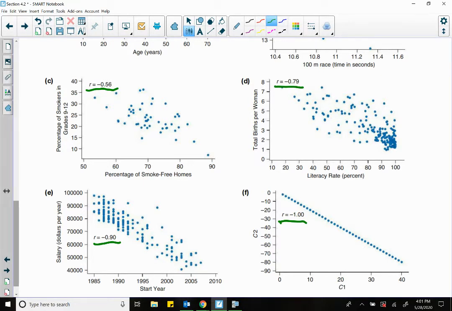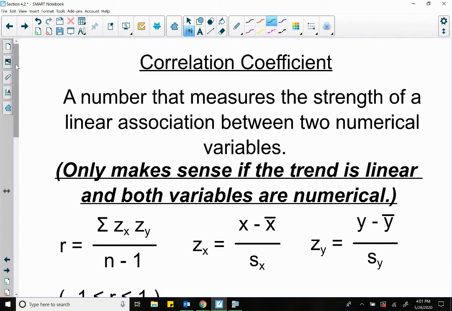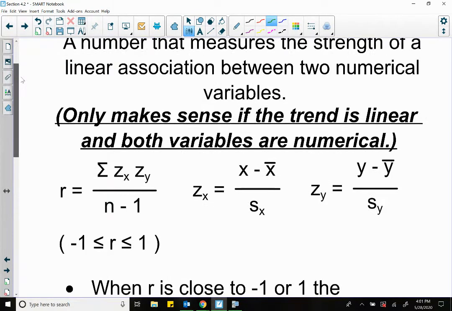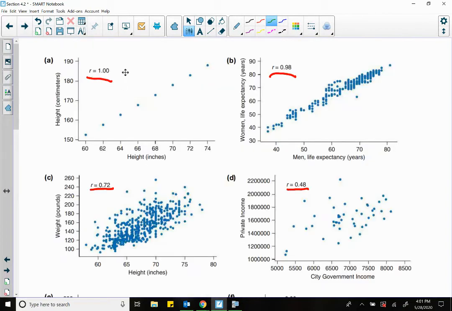A couple things that I was talking about a moment ago. One of the things was that if you change the two variables, it will not affect the R. So this R value of 1 right here that you see, if I put this height in inches over here and this height in centimeters over here, the R value is still 1.